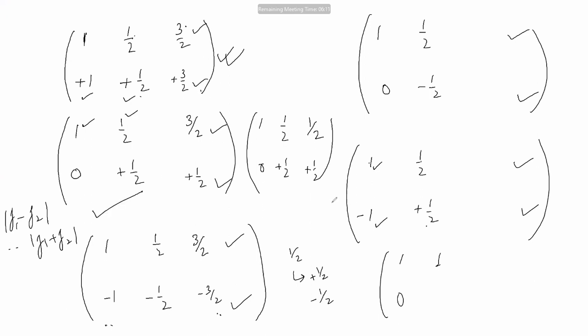In the cases where you have mixed things, like here, what could be the states? Anybody? See, 0 and minus half can only give you minus half, but minus half you can get from 3 by 2 as well as 1 by 2.